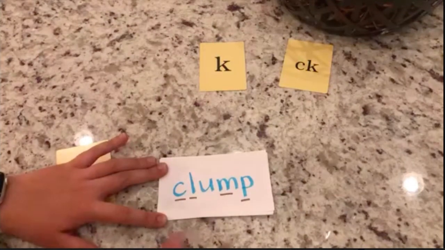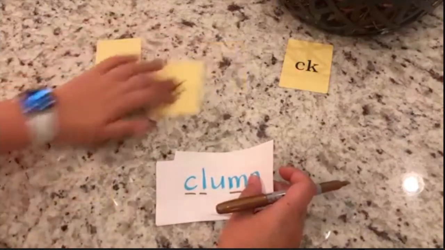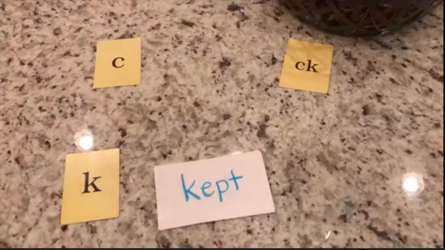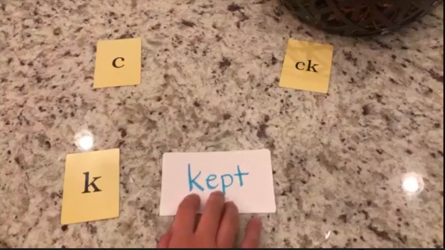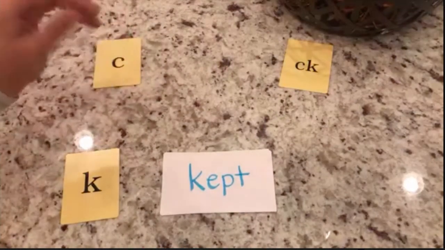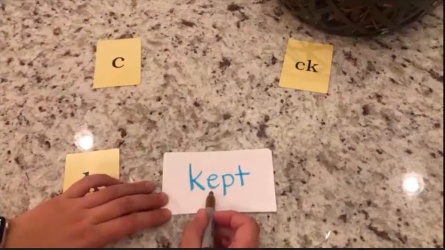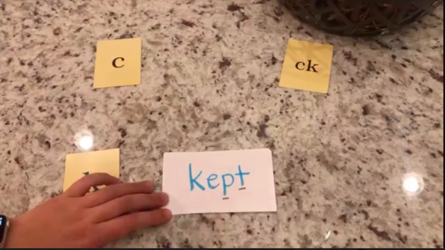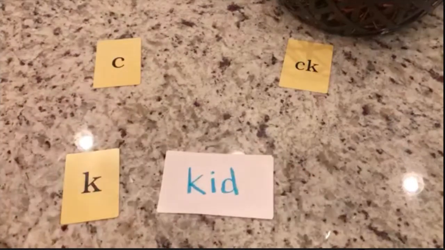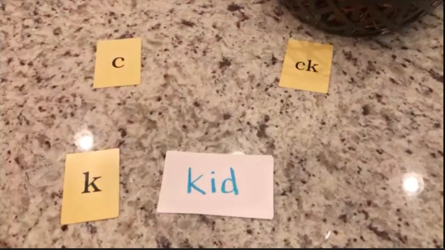There are a few exceptions. Like when we use K, it's usually before the letter E or I, like in this word. Kept. Kept. K at the beginning because there's an E. Here's a blend. Try this one. Kid.